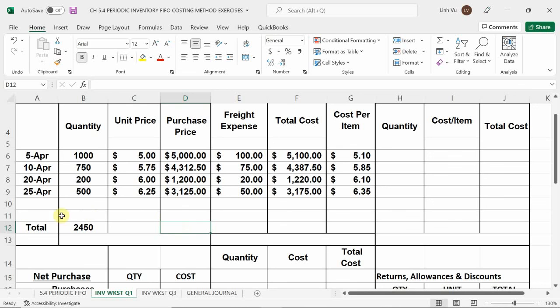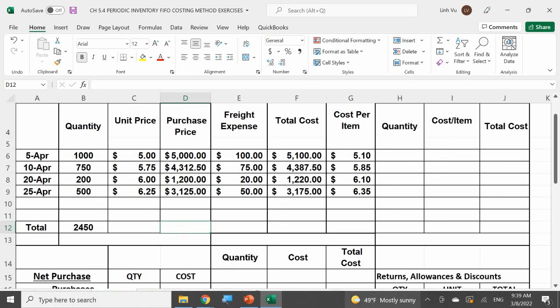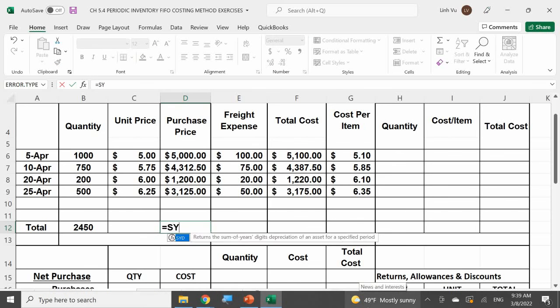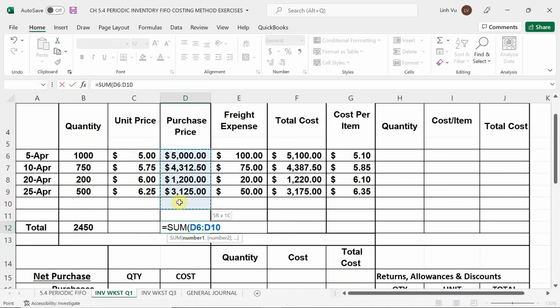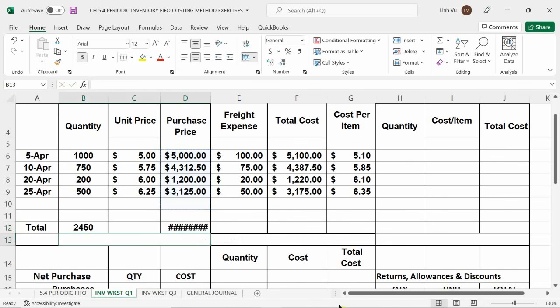I need to also solve for my total purchase price. So in this case, equals sum. What is the total value of my purchase price? 13,637.50.